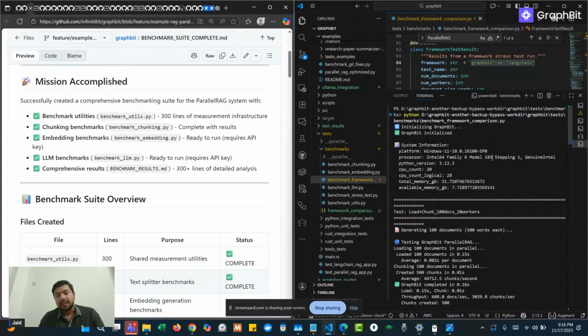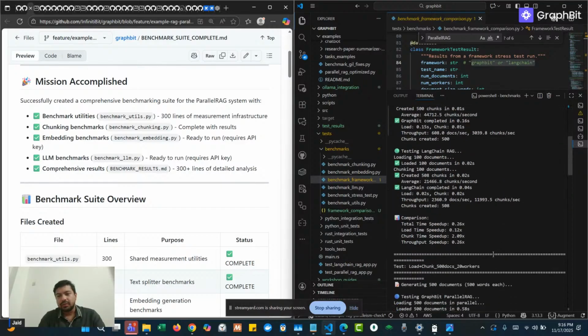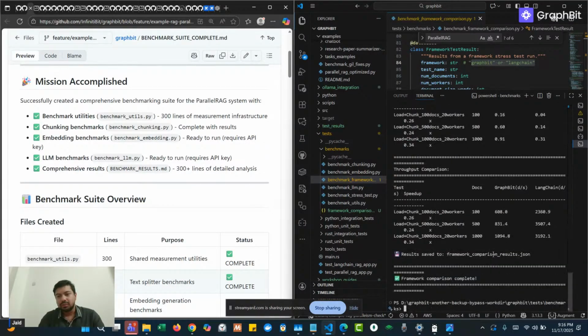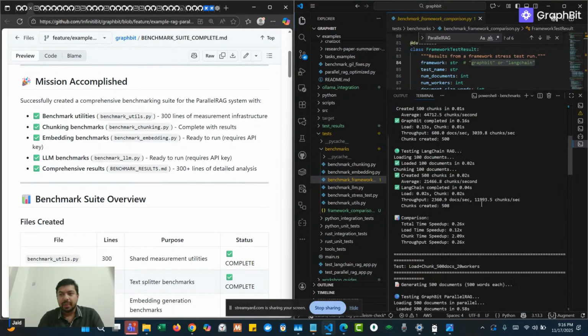As I stated earlier, it will go through each iteration from 10, 100, 500, 10,000 and finally 50,000 documents, processing an end-to-end RAG pipeline, for both the GraphBit and the LangChain implementations. It's currently ongoing. Let's wait for it to finish up.